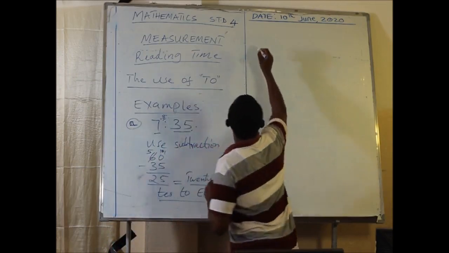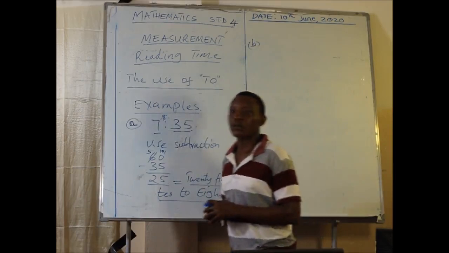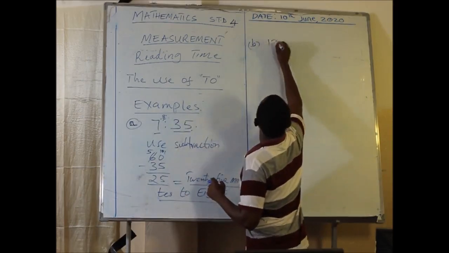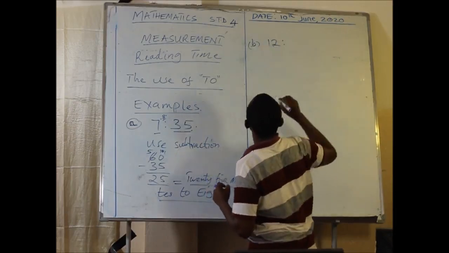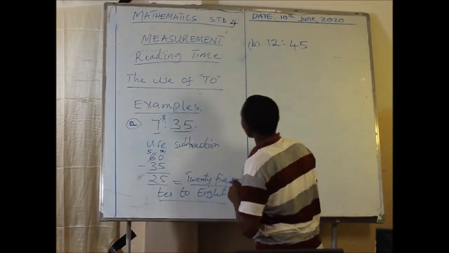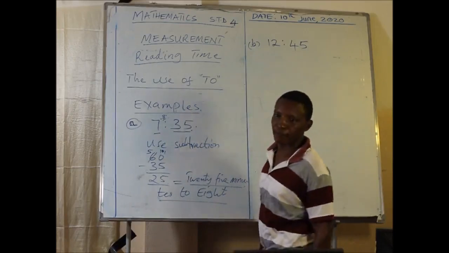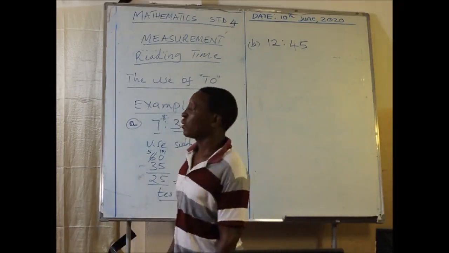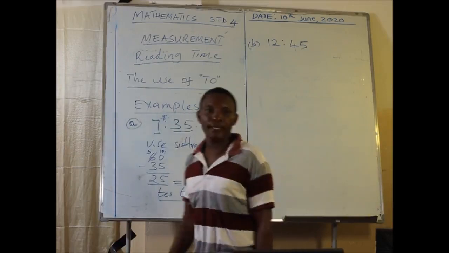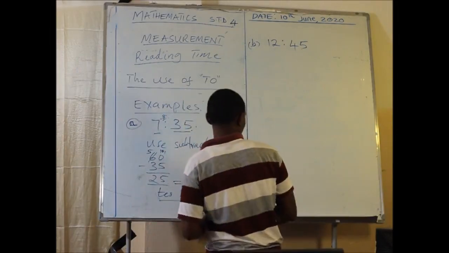Another example. Let's say it is 12:45. When you are reading this time, you have to consider the use of to. As I said, we need to mention the remaining minutes and then the next time.